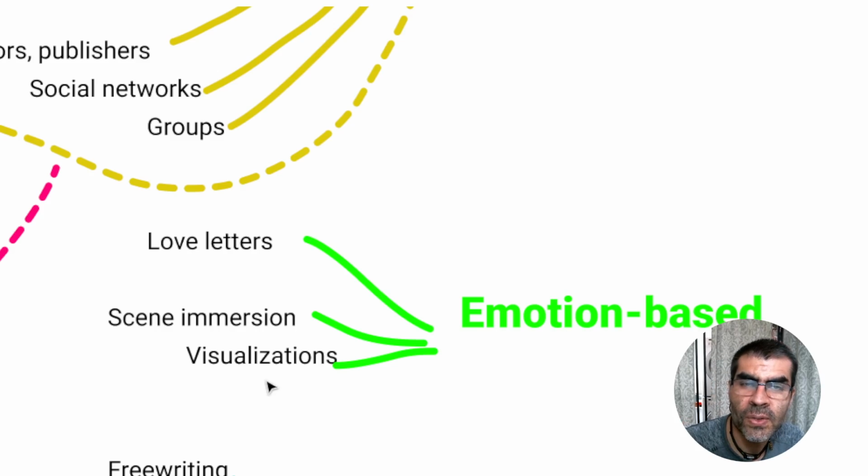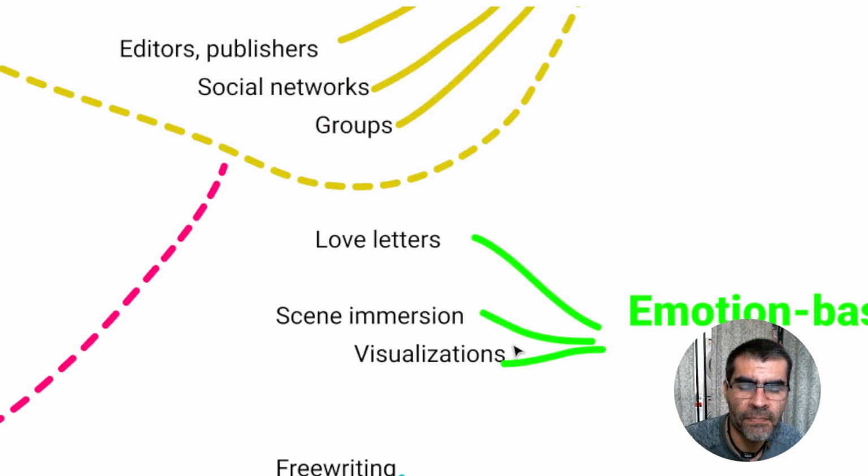And you can use visualizations. In the case of emotion-based, it's very specific because you have to deal with personal things. For example, try to use your anger, the energy that anger produces, to write more. But you can also use the moods, the introspective mood that sadness gives you, to be more reflective and try to approach things in another way.